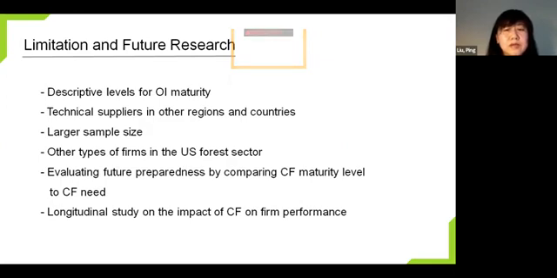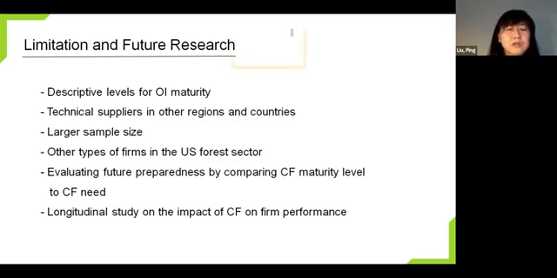Because in the literature, it says that a more advanced corporate foresight maturity level may not be better for all firms, because it has to match their corporate foresight need. So we suggest that future research evaluate the future preparedness by comparing their maturity level and the corporate foresight need.